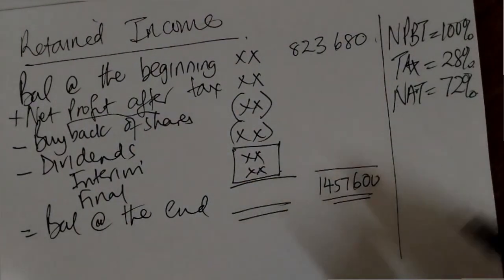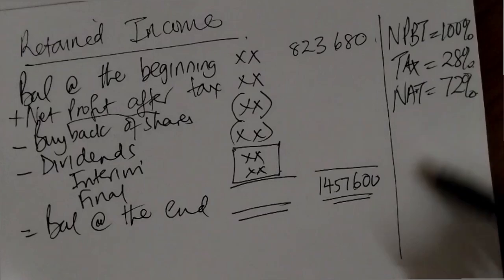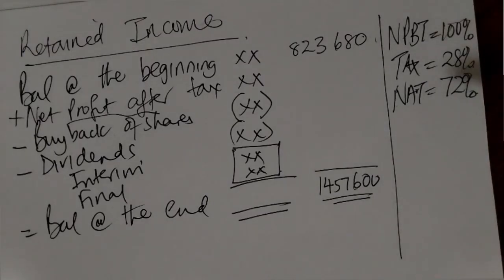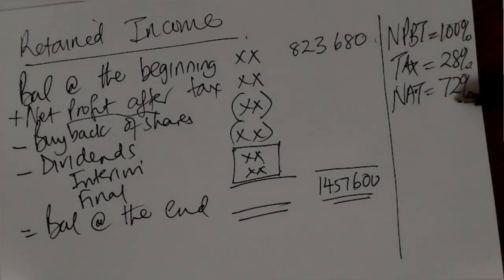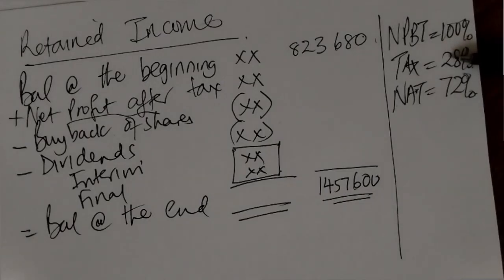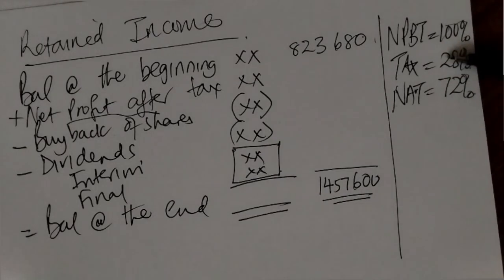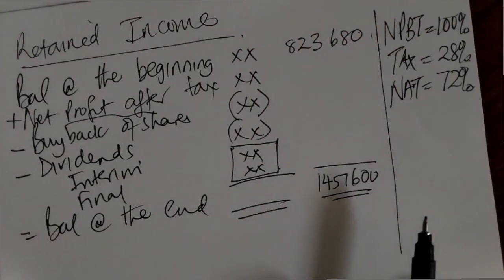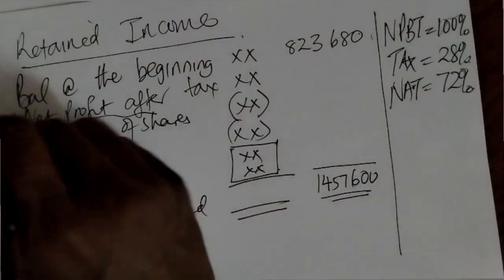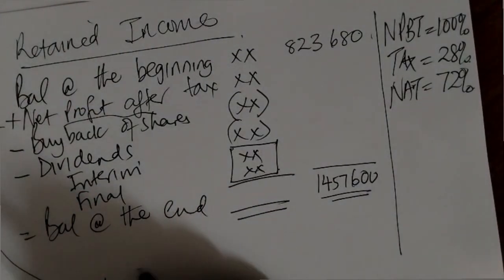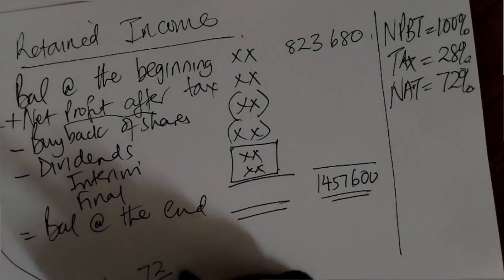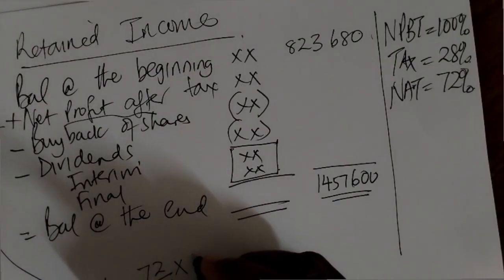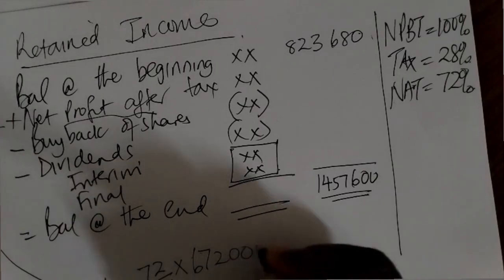And then what you do is you say what you want to calculate, which is the unknown over the known. So what I want to calculate is the net profit after tax, and I'm given the tax, which is 28%. So you say unknown over known, or what I want over what I have. So to calculate my net profit after tax, I have to say 72 over 28 times 672,000, which is my tax.